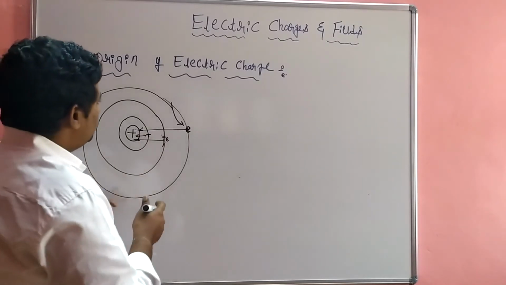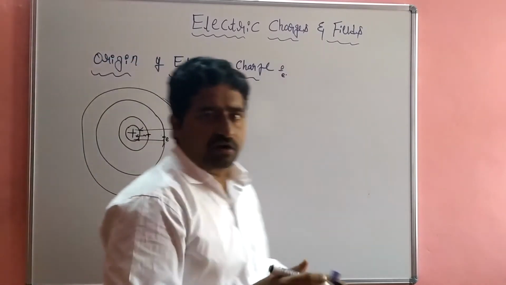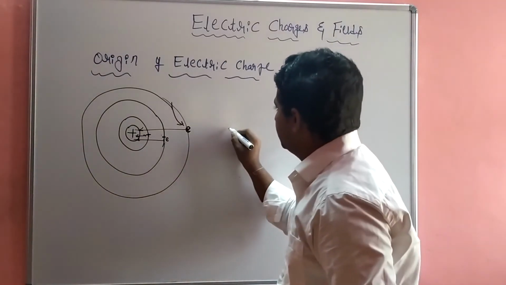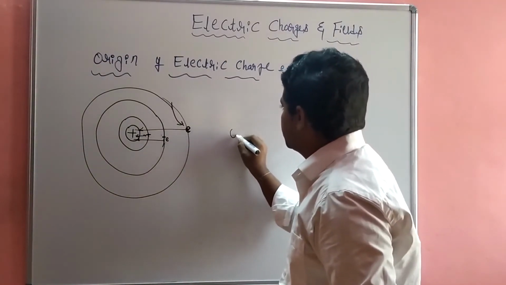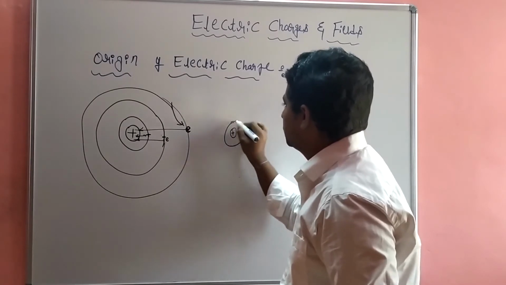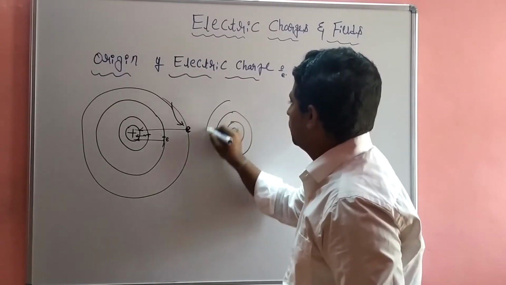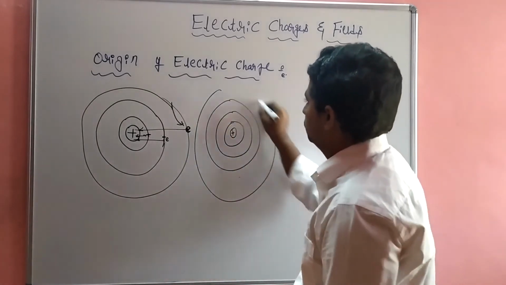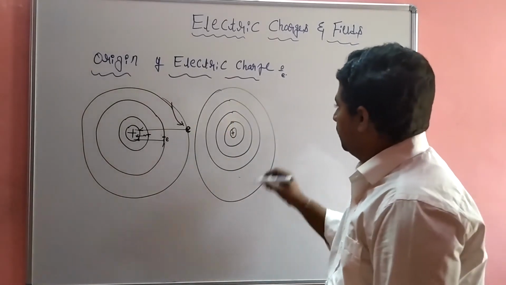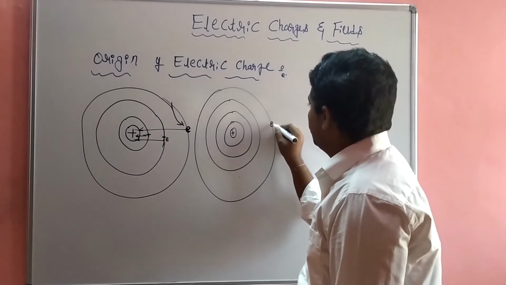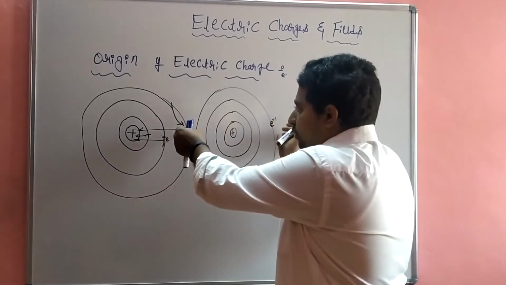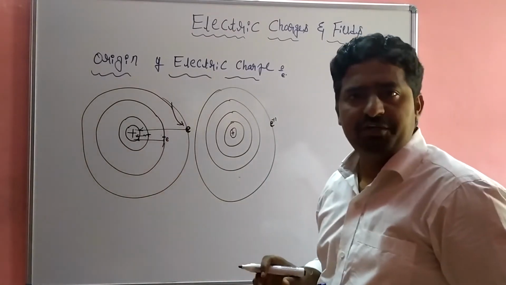Now what happened? This is rubbed with another atom. Let's take this another atom, which also has a positive nucleus and also has an outermost electron. We discuss only the outermost orbit electron.